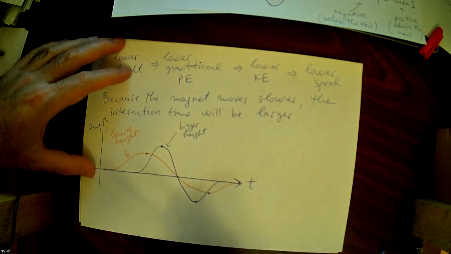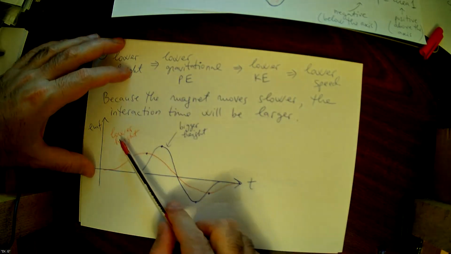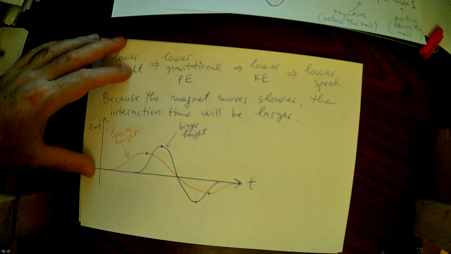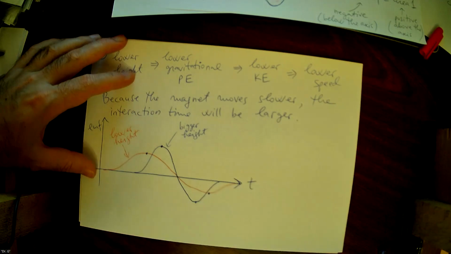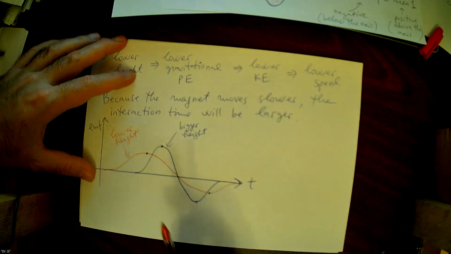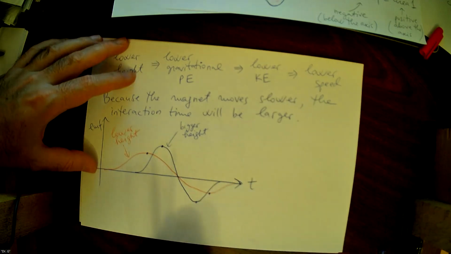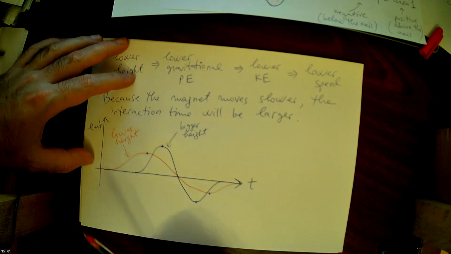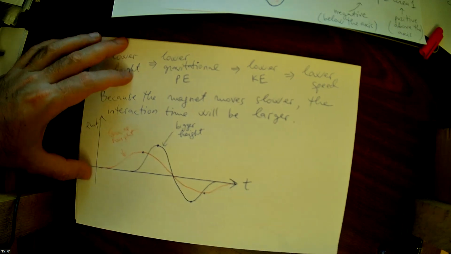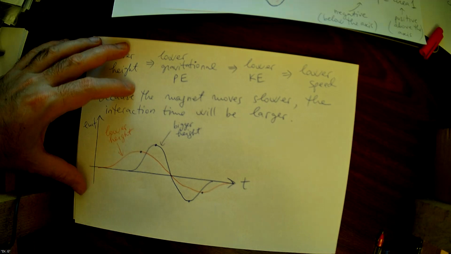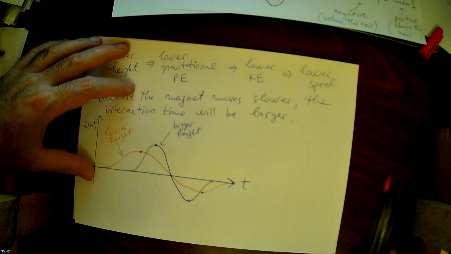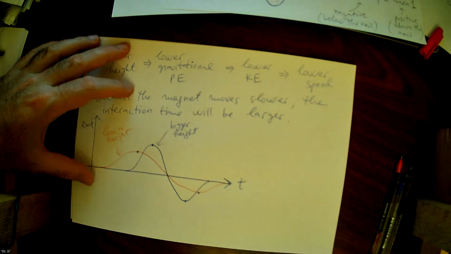The magnet is dropped from a bigger height. The magnet is dropped from a lower height, yeah. And there are two different time scales. I overlapped one graph over another. Of course, the time at which the magnet is in the center changes too.